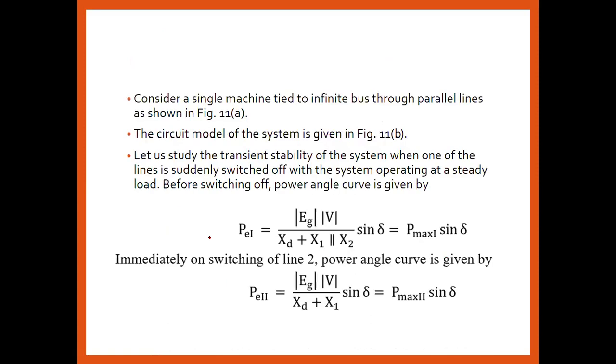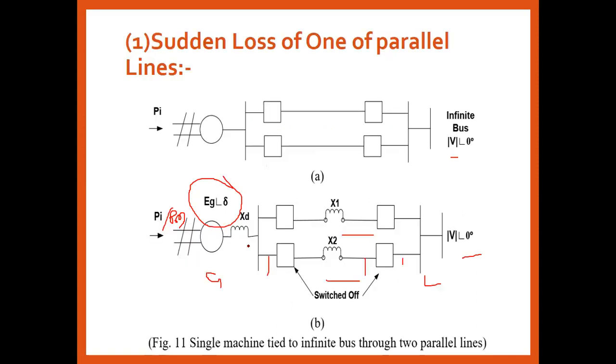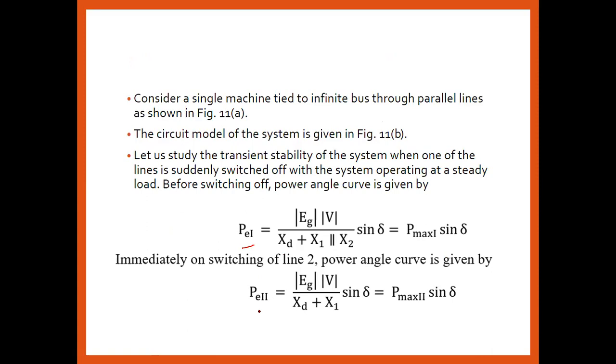Okay, so now consider the machine tied to the infinite bus. The circuit model is just shown. So what is the maximum power we are getting at PE1? PE1 is for generator 1, and PE2 is the power angle curve for generator 2.